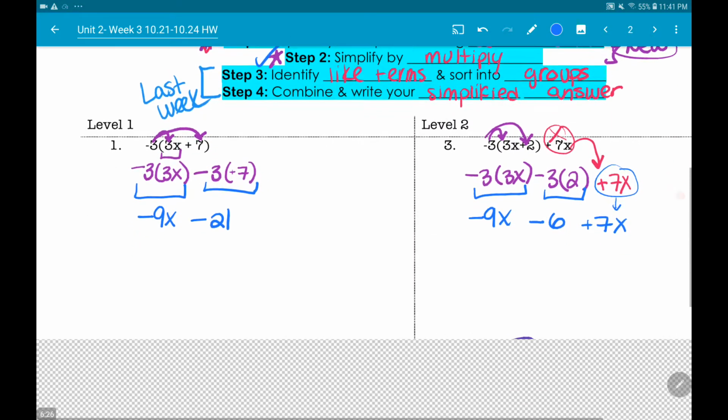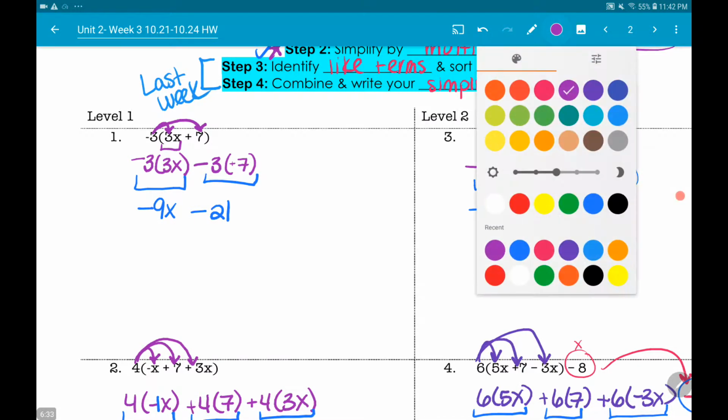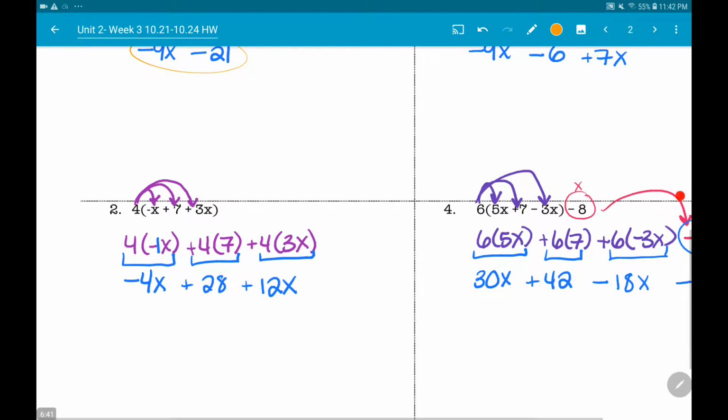Step number 3 is identify like terms and sort into groups. So I look at this example. Let me get a different color. All right, are there any like terms? Nope, there aren't, so that's my simplified answer. Let's look at 2. I see 2 like terms. I see my x group.